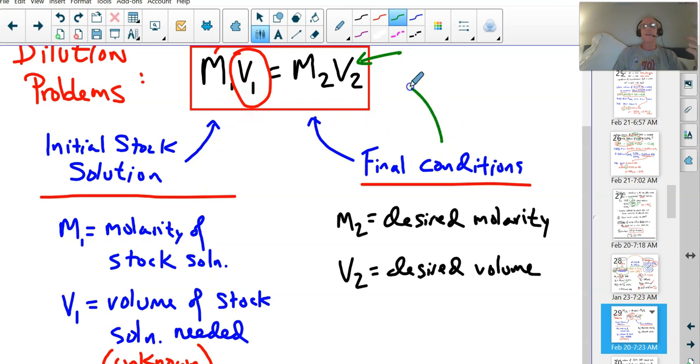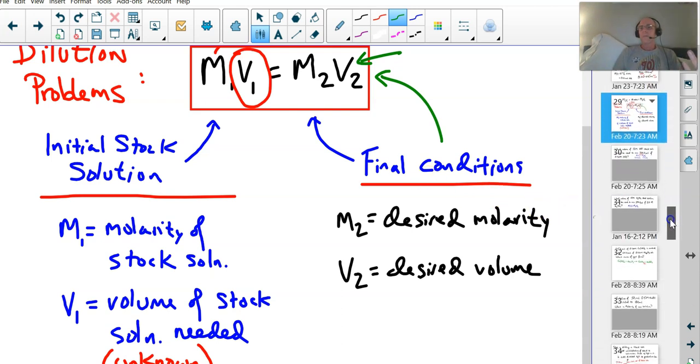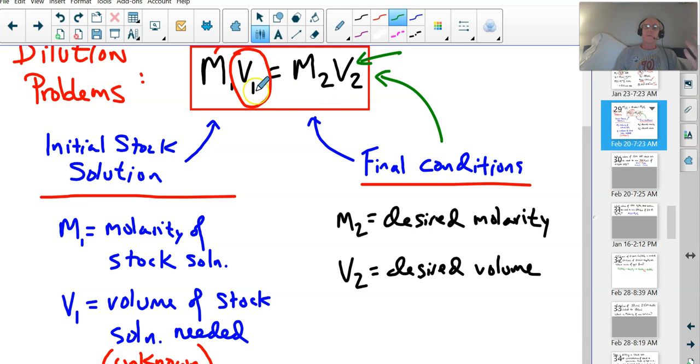But we'll definitely know what we want to end up with, right? As an example, 500 mils of 2.5 molar sulfuric acid. So M1V1, number of moles on the left, is equal to M2V2, number of moles on the right.